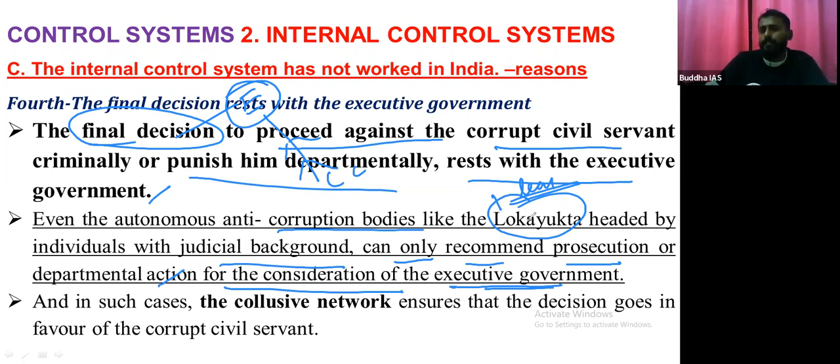Even if it is independent, the findings of Lokayukta are just in the form of recommendations. So the executive is the final decision maker with respect to these cases. And in such cases, the collusive network ensures that the decisions go in favor of the corrupt civil servant.